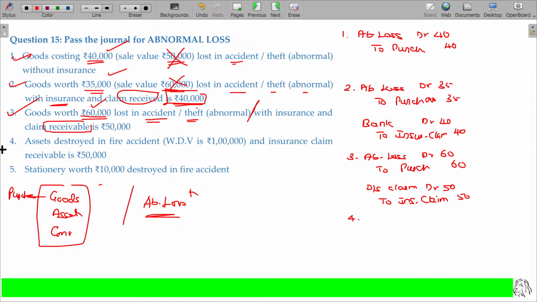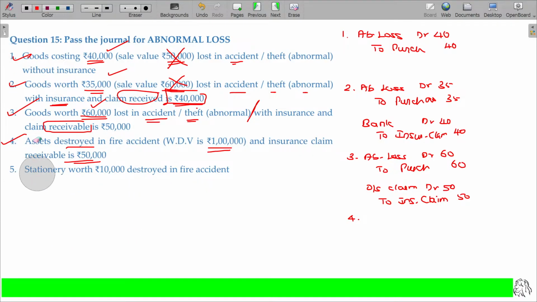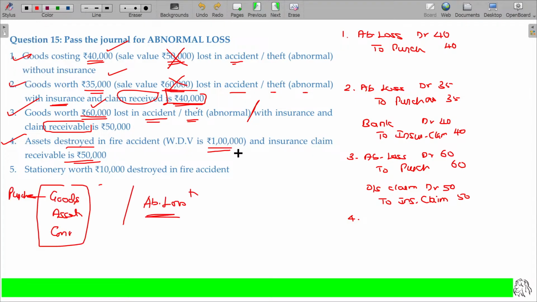Fourth one. Asset destroyed in fire accident, WD value being 1 lakh and insurance claim receivable being 50,000. Then what happens here? Asset destroyed. So basic entry is this one, right? Asset should be credited.